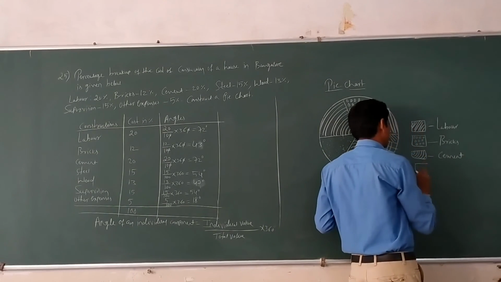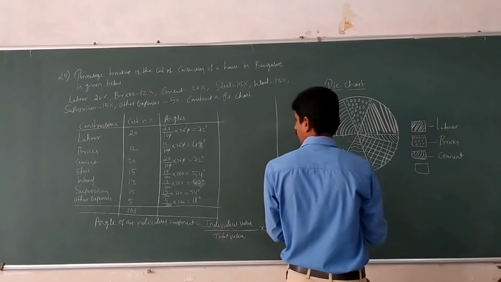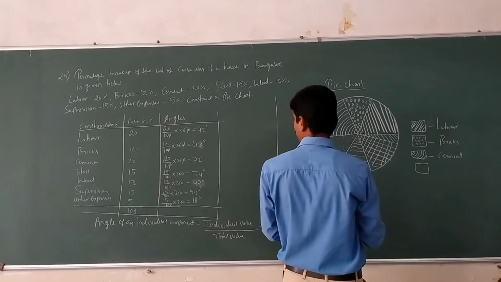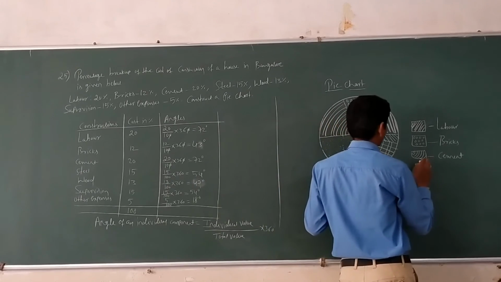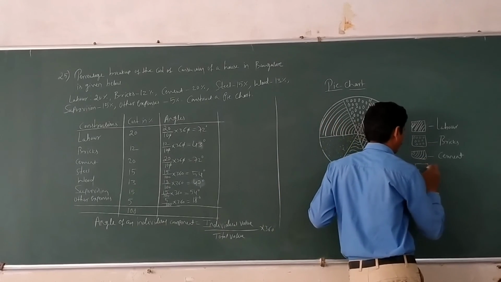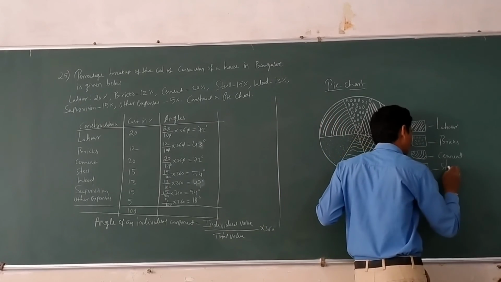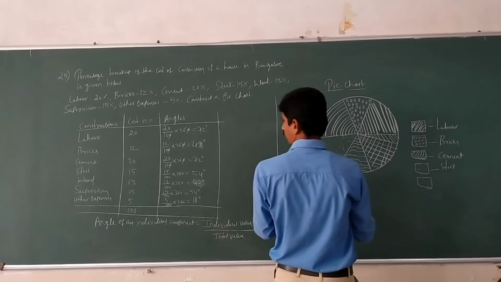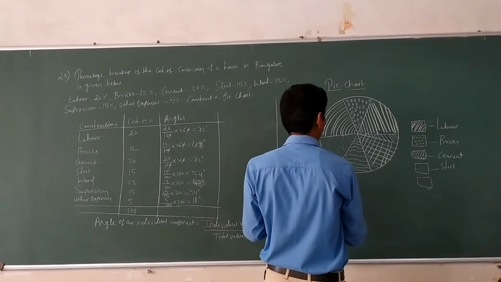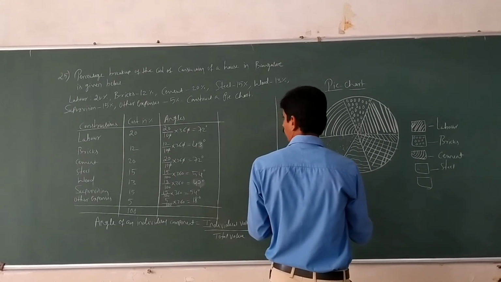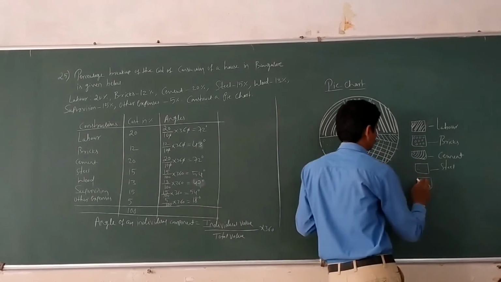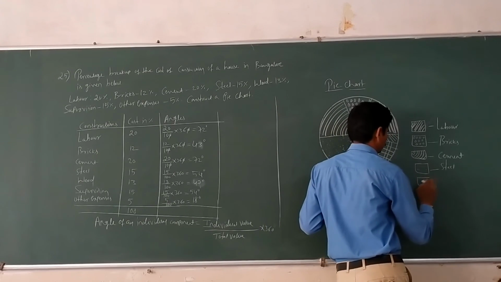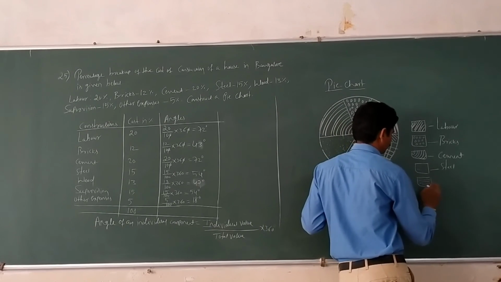Fourth index is steel. Next index is wood, it indicates wood.